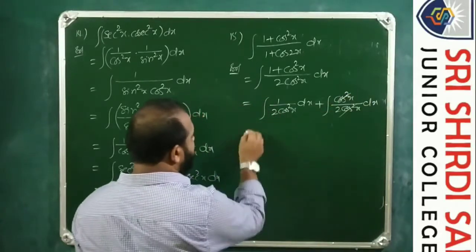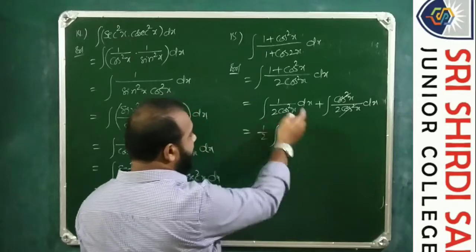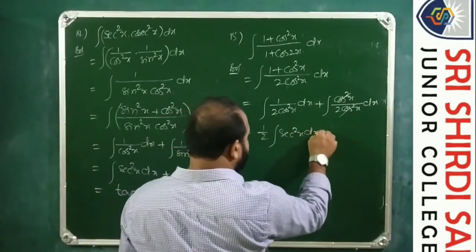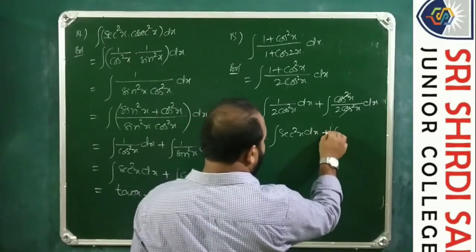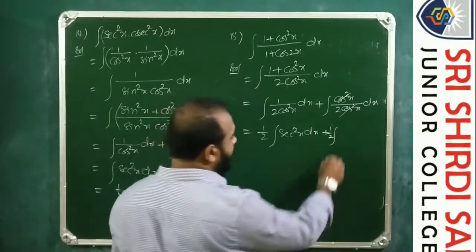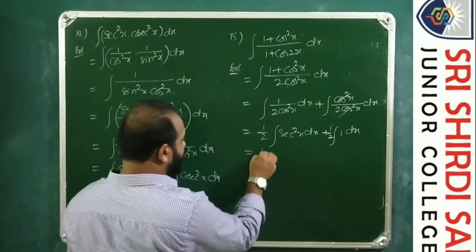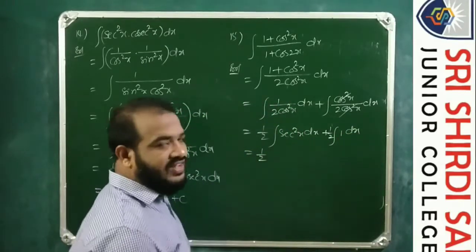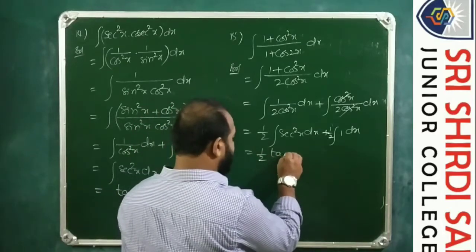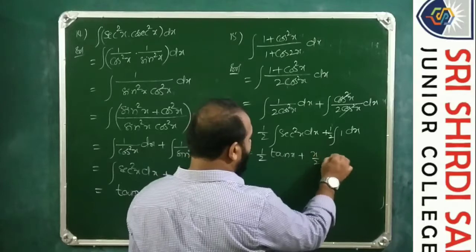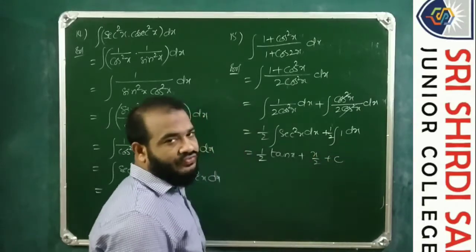These two get cancelled. So 1 by 2 integral 1 by cos square x is secant square x dx plus 1 by 2 integral 1 dx. So integral secant square x dx is tan x plus integral 1 dx is x, so tan x by 2 plus x by 2 plus constant of integration c.